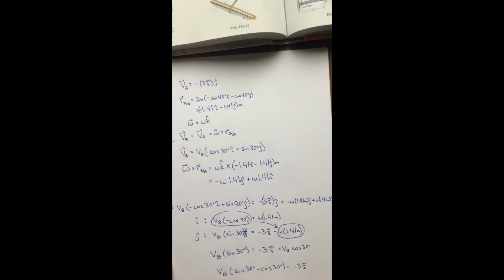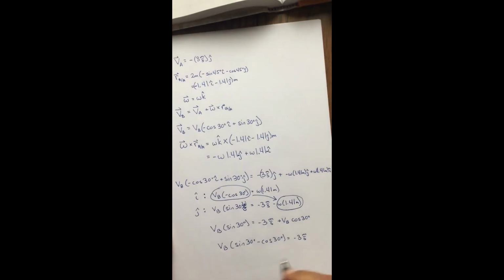So finally, I have VB is equal to negative 3 meters per second divided by sine of 30 degrees minus cosine of 30 degrees. And if I did everything correctly, this should be 8.197 meters per second.